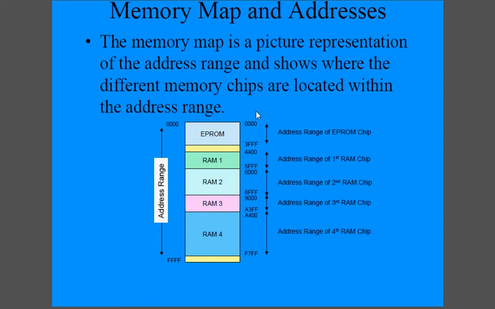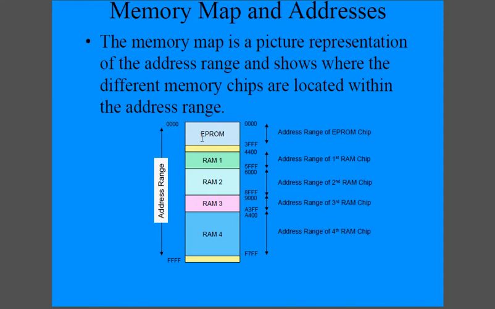Okay, this is the memory map and addresses, which I've already covered in the previous lecture where I talked about memory. As you can see here, this diagram is just to give us an understanding of how we can connect various memory devices to the processor.